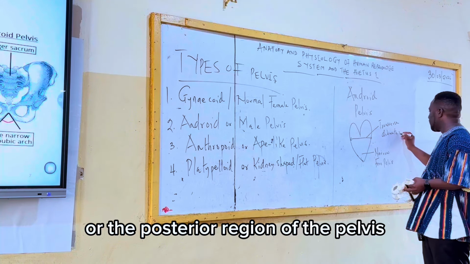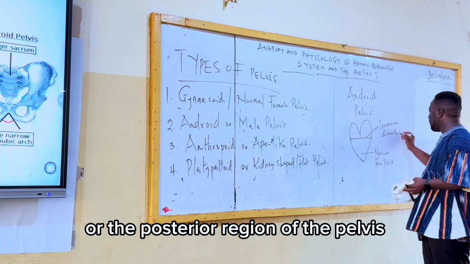So the brim is heart-shaped, as I've drawn on the board, and then it has a narrow forepelvis. And I'm saying that narrow forepelvis simply means that the anterior part of the pelvic cavity is narrow. And then there's less space in the mid-pelvis as well. And then, as I've already indicated, the transverse diameter is located more toward the back, towards the sacral region.